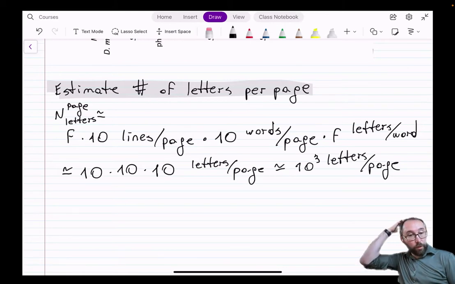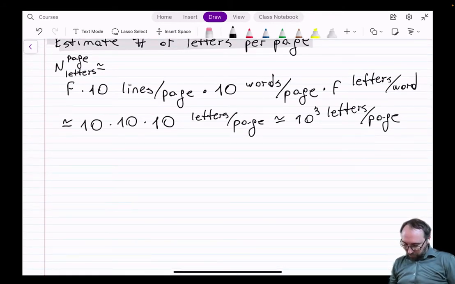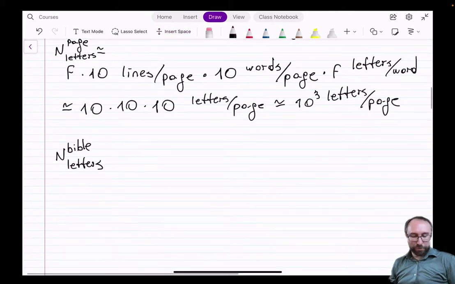Now let's figure it out, for example, for the Bible. The number of letters in the Bible: how many pages does it have? Let's say that it has on the order of a few thousand pages.